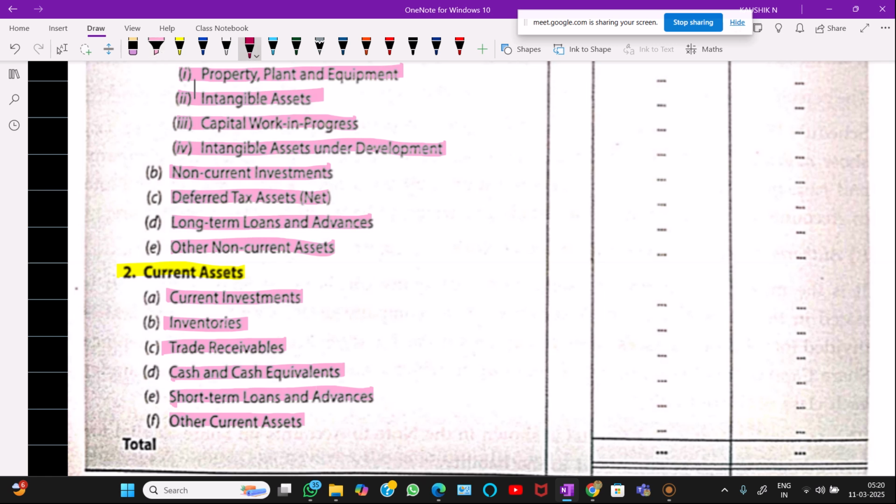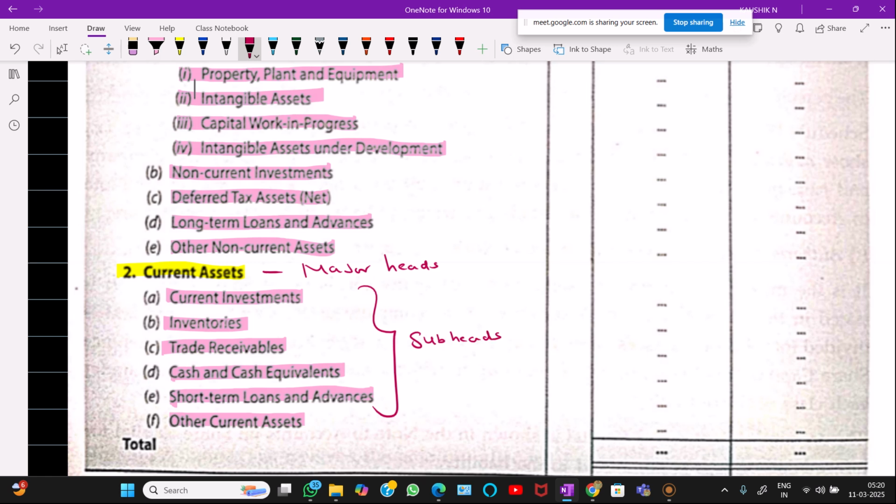As I have declared on top, the items highlighted in yellow are all major heads, and the items in pink are called your subheads.